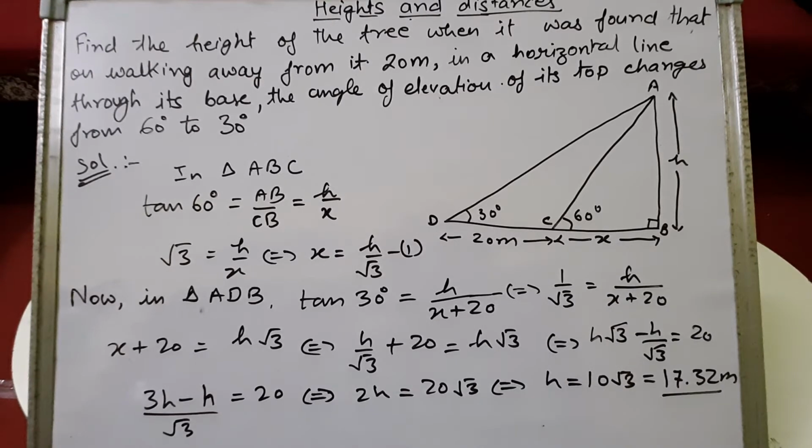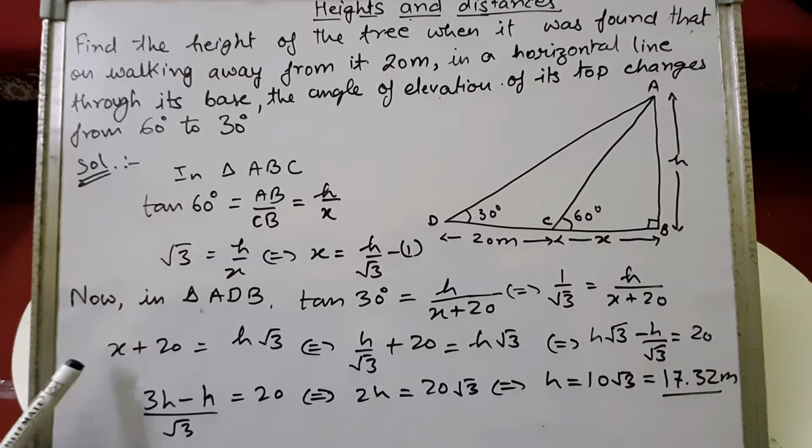BD is of length X plus 20. So tan 30 will be H upon X plus 20. The value of tan 30 is 1 upon root 3, right children? 1 upon root 3 equals H upon X plus 20. When we cross multiply, we get X plus 20 equals H root 3.